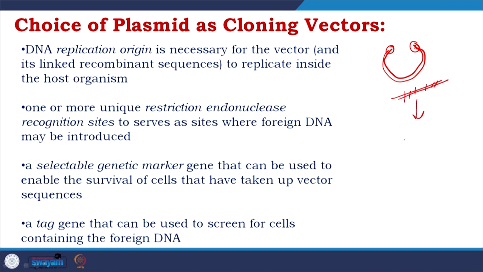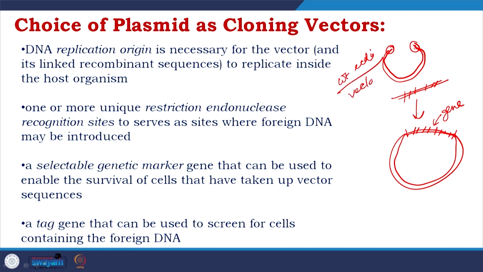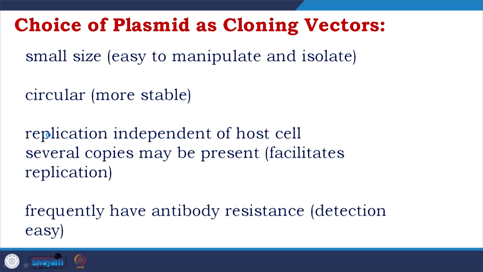So, then when you clone, this is your gene inserted. How do you select between the wild type E. coli, vector-containing E. coli and vector plus your gene? That is why you need a tag gene. So, ORI, endonuclease site and selectable genetic marker, that is what we need.